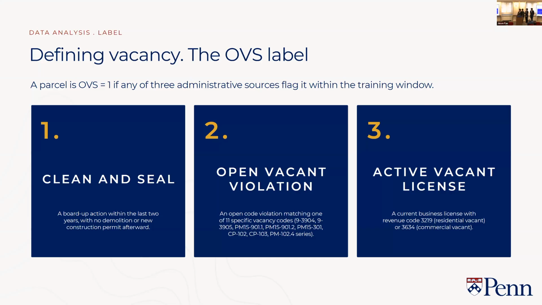So if the license is active, we treat it as evidence that the property is currently in a vacant state. So if a parcel had any of these 3 signals, we treat it as observed vacant.